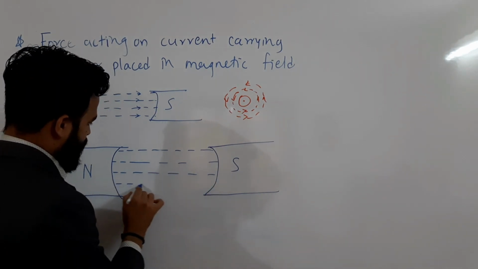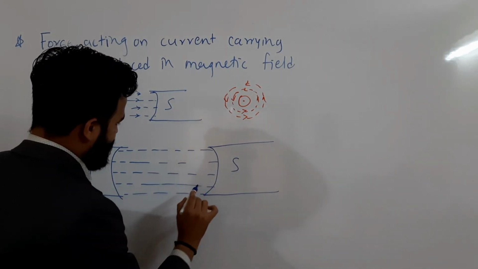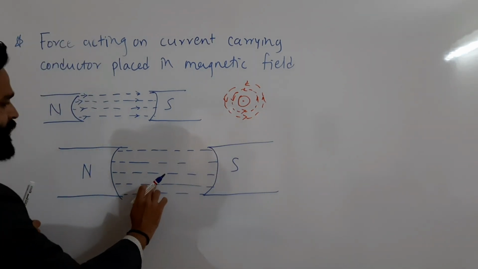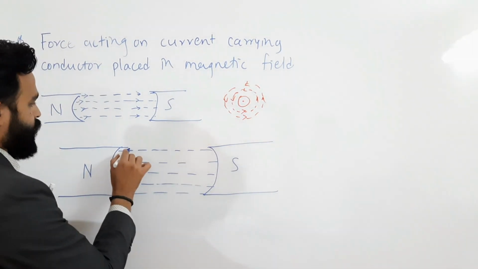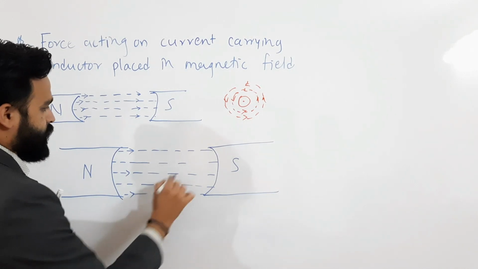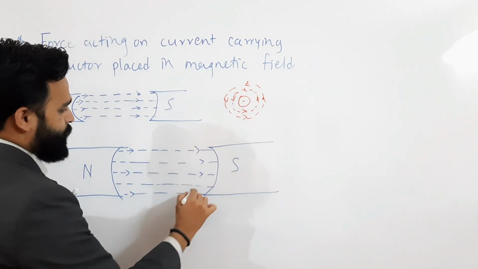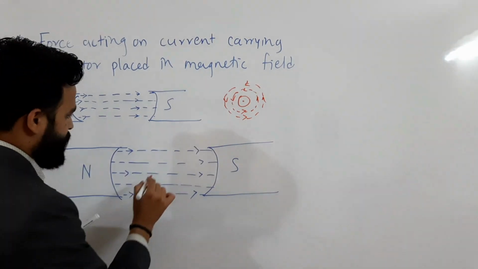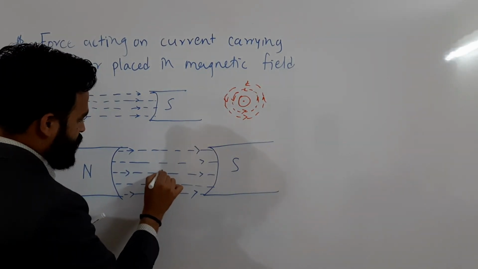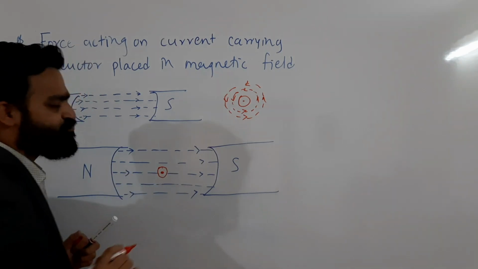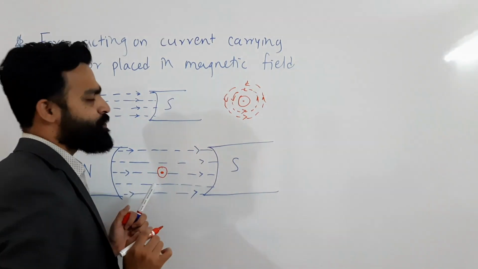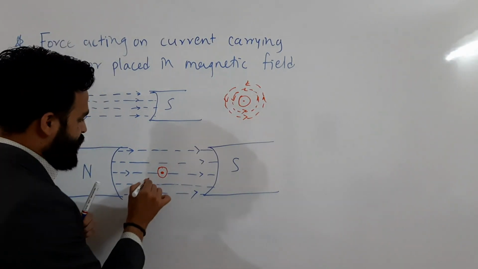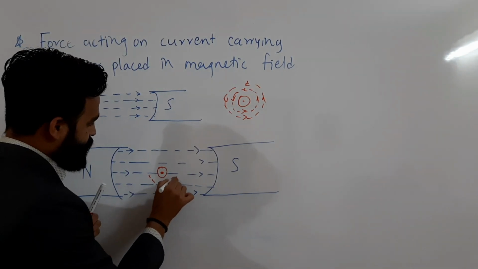So as you can see, I have drawn these magnetic lines of force of original magnetic field from north towards south, and now I am going to place this current carrying conductor in this magnetic field. So I am going to use some another ink. So this is dot and this is the conductor, and its magnetic field is like this.